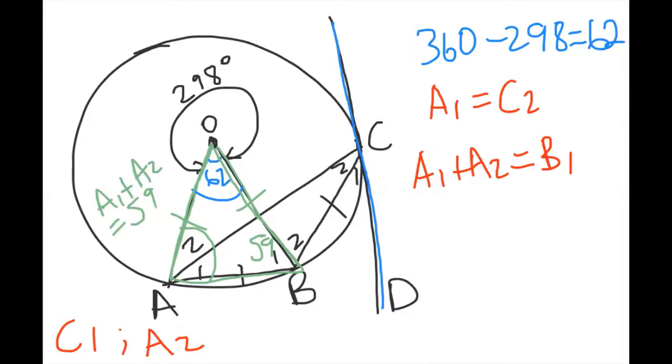So just keep that in mind. This is the whole angle over here, A1 plus A2. Just check again, that 59 plus 62 plus that 59, yes, gives us 180. All right, so what can we do now? Now I'm just looking at anything else that we can use to continue.